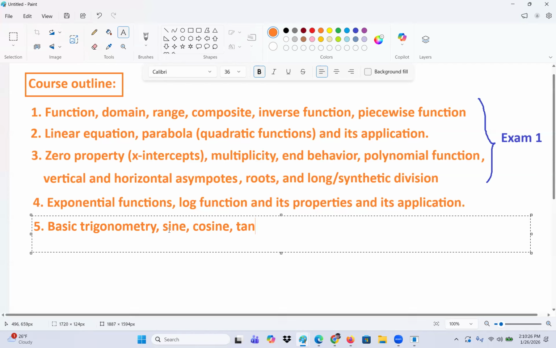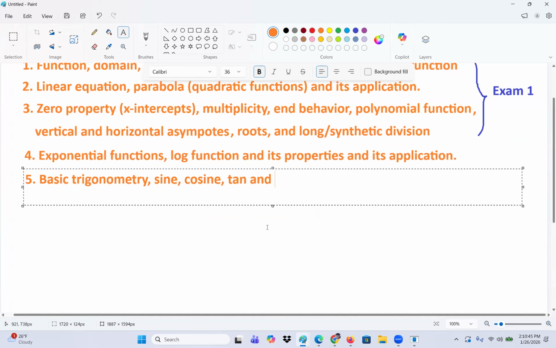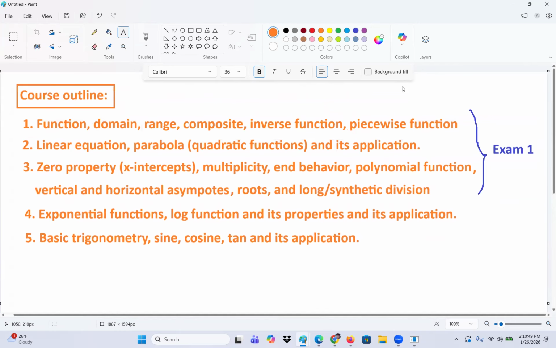For each chapter, I want to give you some applications, how we're going to utilize those concepts in basic math and basic application. So this is going to be on the second exam.